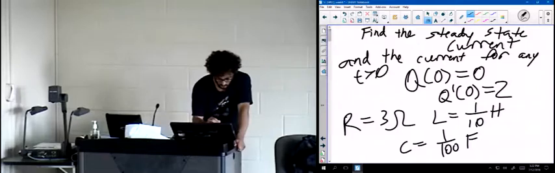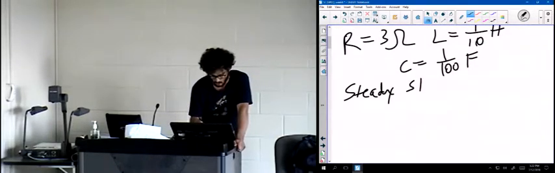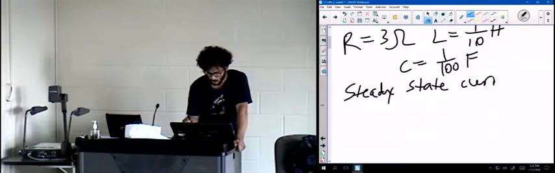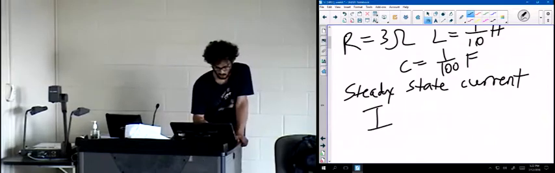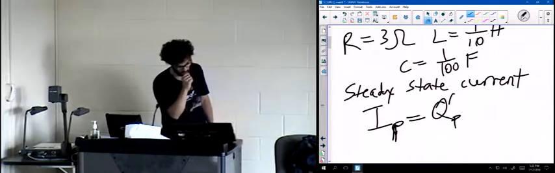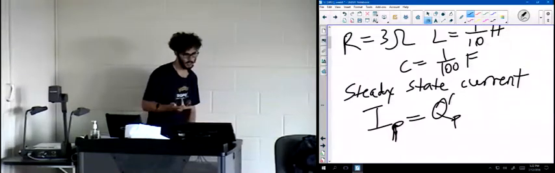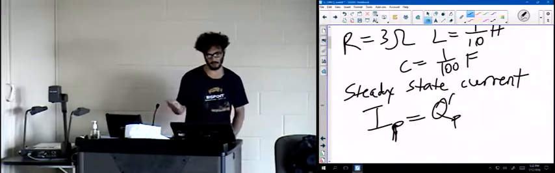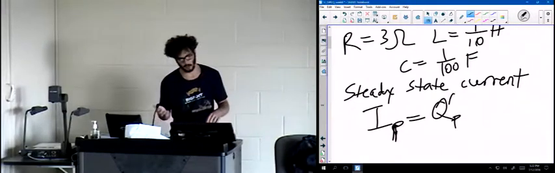And before we get started, I just want to say, the steady state current is defined as the derivative of the particular solution for the charge. So I repeat it: the steady state current is the derivative of the particular solution of the charge, right?